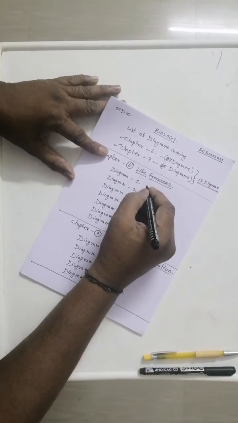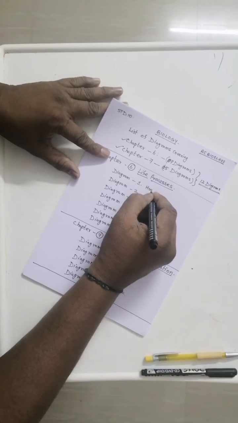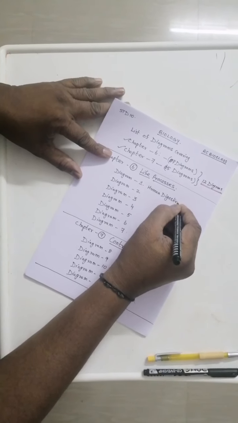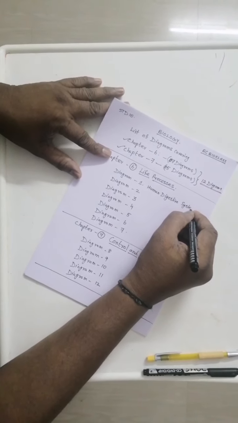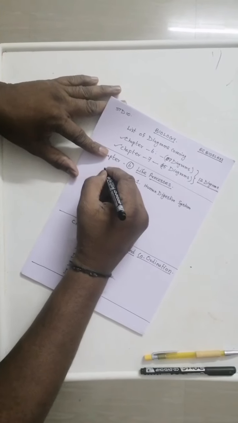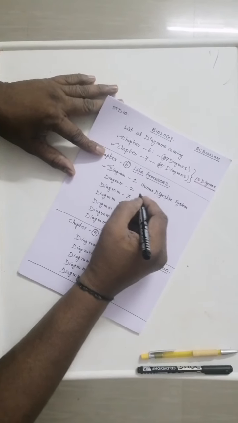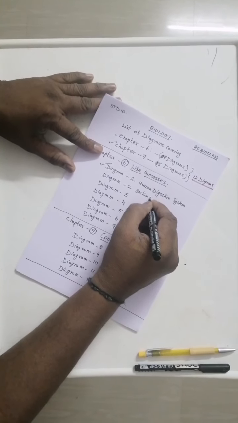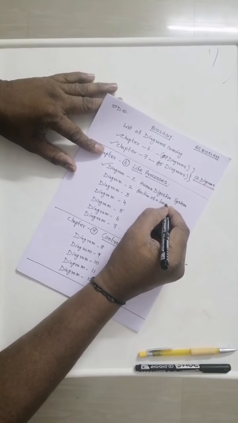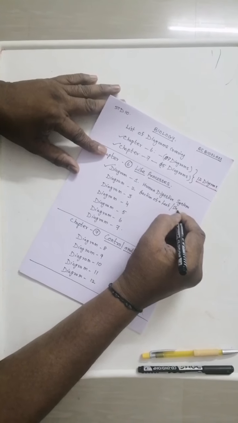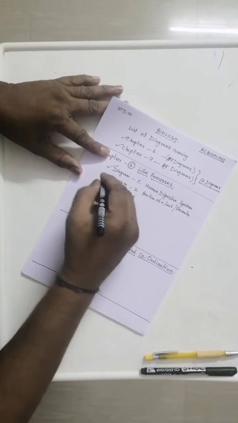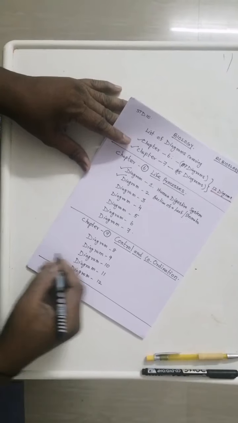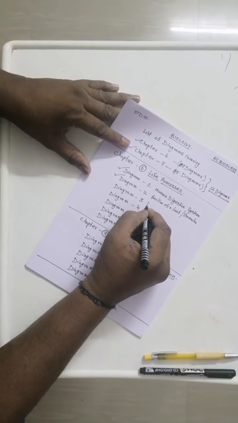We did two diagrams already: the human digestive system, so diagram 1 is over, and the second diagram, the section of a leaf and stomata. These two diagrams we already completed. Now we are going to see the third diagram.